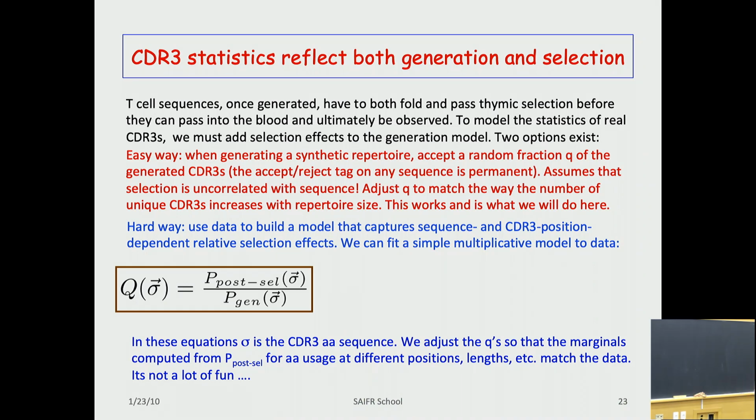In other words, just assume that the probability is the product of independent probabilities for selection computed on a position by position basis.